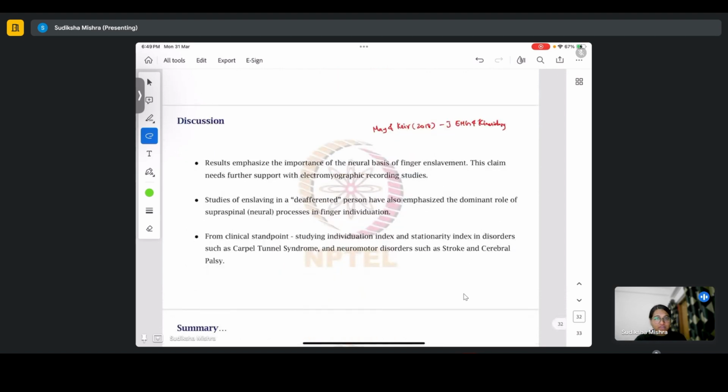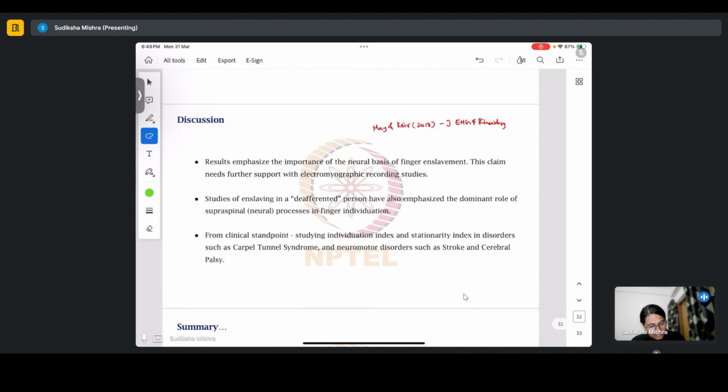So these results further emphasize that there is a neural basis of the finger enslavement, however these claims need to be further supported by electromyographic recording studies. Also, one of the drawbacks is that the maximum angle was 30 degrees.